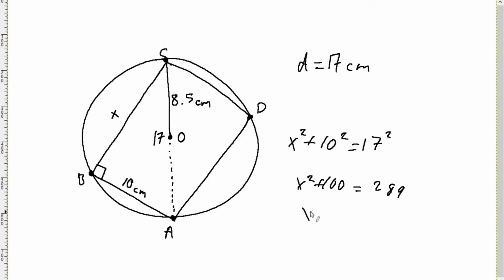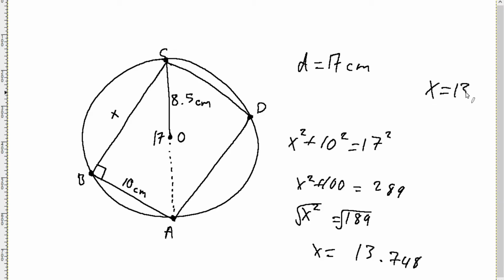And then if we go all the way through, we end up getting x squared equals 189, square root of both sides. And I think it's just the nearest tenth. So we end up getting x equals 13.748. Final answer, x equals 13.7 centimeters, or length equals 13.7 centimeters.